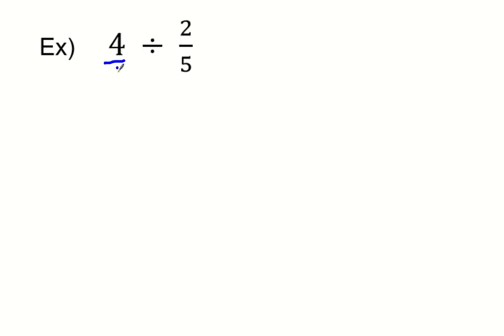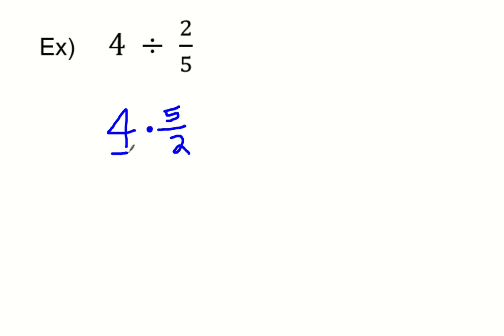And then, of course, we're going to be doing, well, I guess I didn't have to do that right away because you could just do this first. Keep, change, and then flip. Right? Multiplying by 5 over 2 is the same as dividing by 2/5.